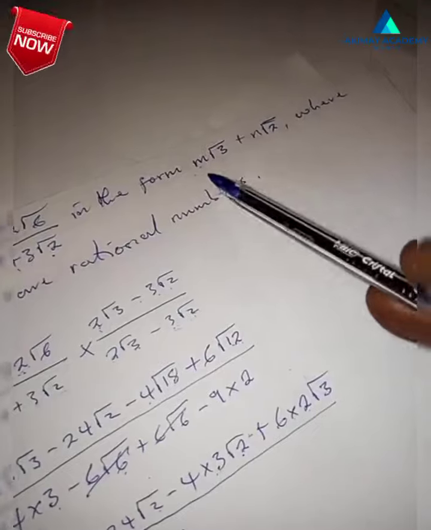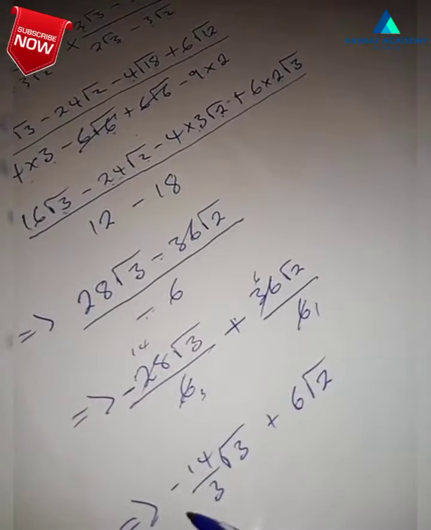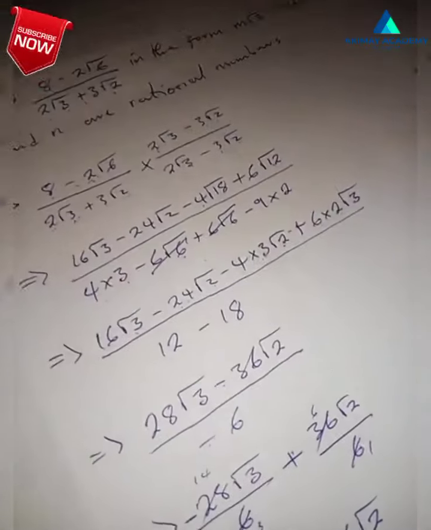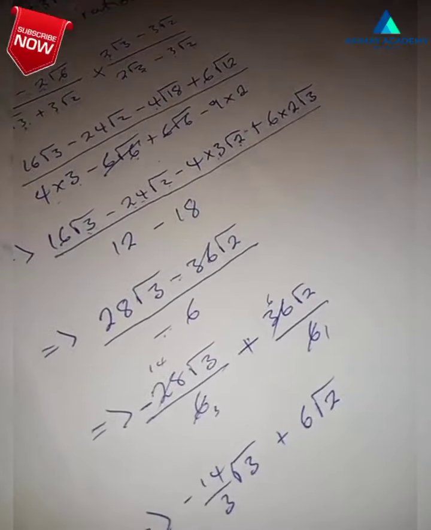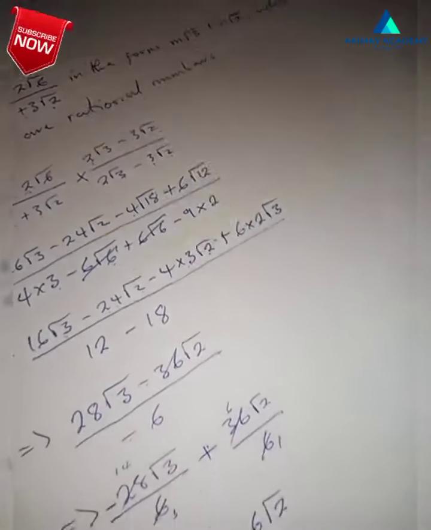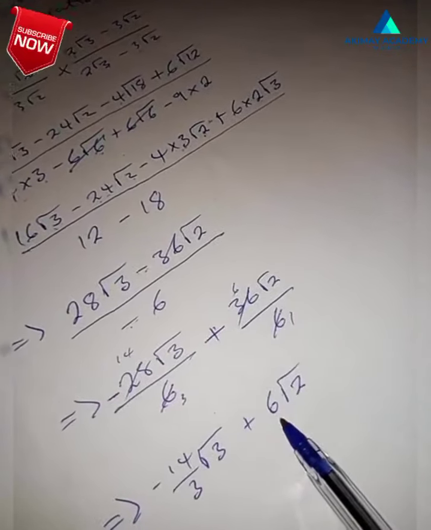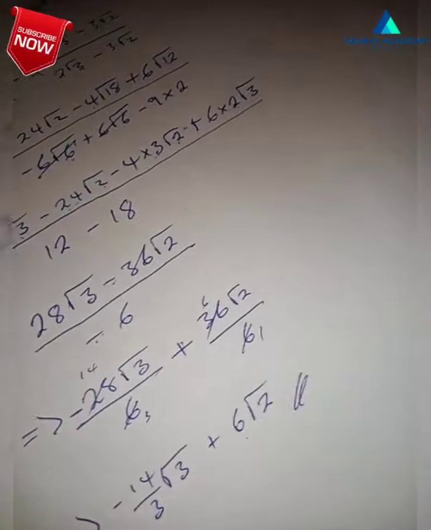So the m and n are the numbers behind these square roots. Our m over here is minus 14 out of 3. Then our n, which is n root 2, will be 6.